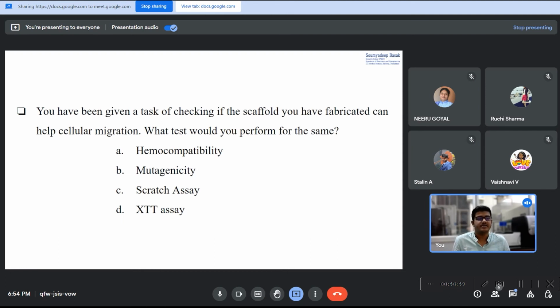Okay. You have been given a task of checking if the scaffold you have fabricated can help cellular migration. What test should be performed for this?